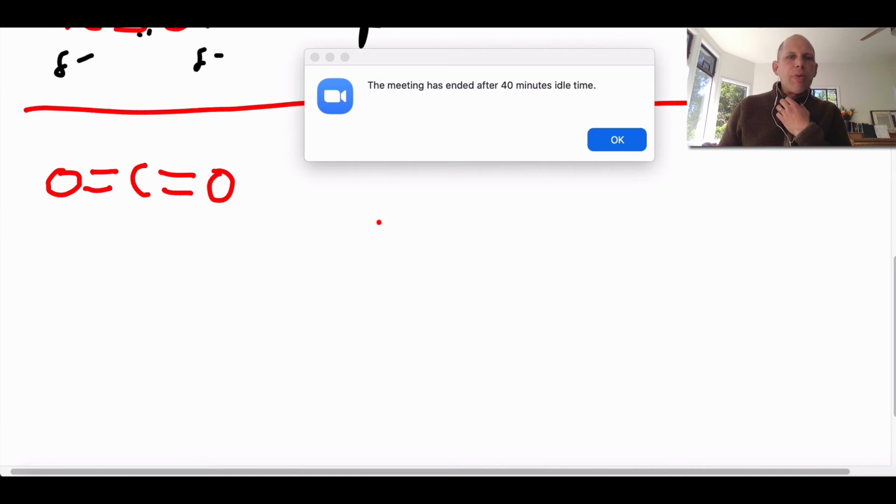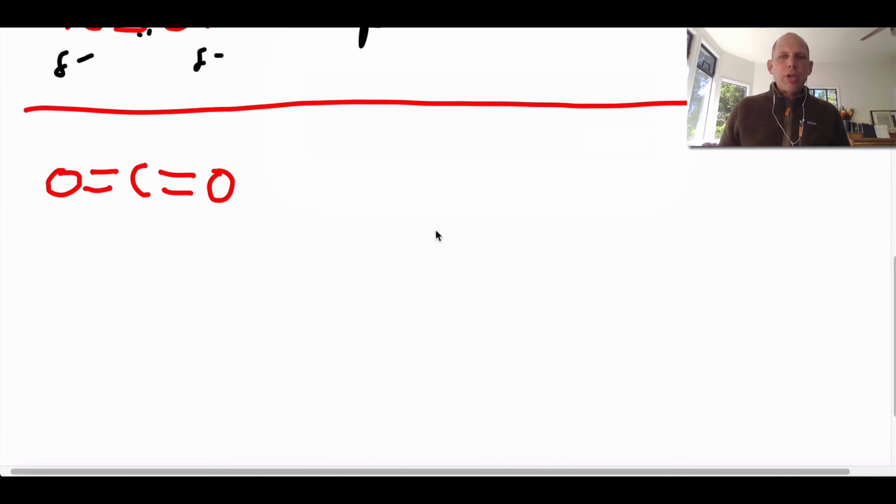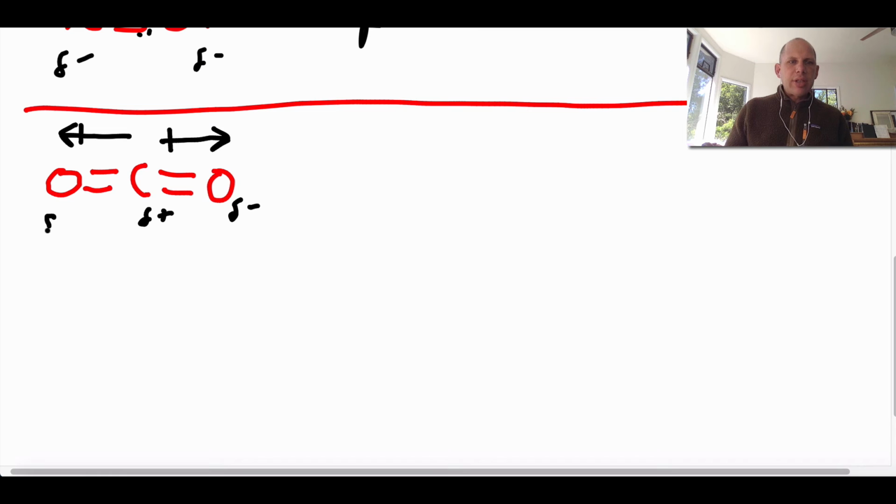So we saw in this that O pulls harder on the electrons, but O also pulls harder on the electrons over here. Okay. So this is partially negative, this is partially positive, and this is partially negative.